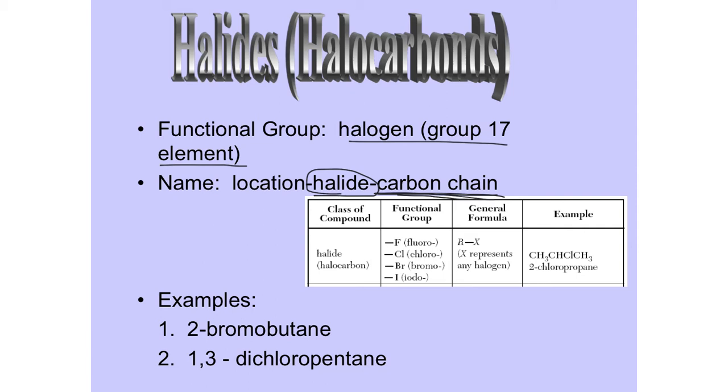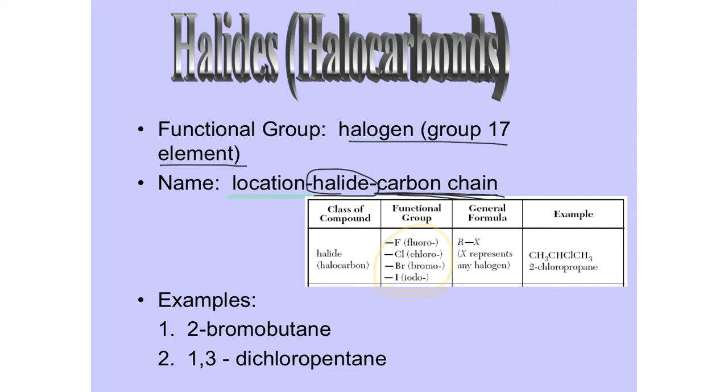So that would be fluoro, chloro, bromo, iodo, therefore which halogen we have. And then we will also use a number out in front to indicate the location of it. Just like when we named our branches, if we happen to have 2 fluorines coming off, then we wouldn't say fluoro, we would do difluoro.